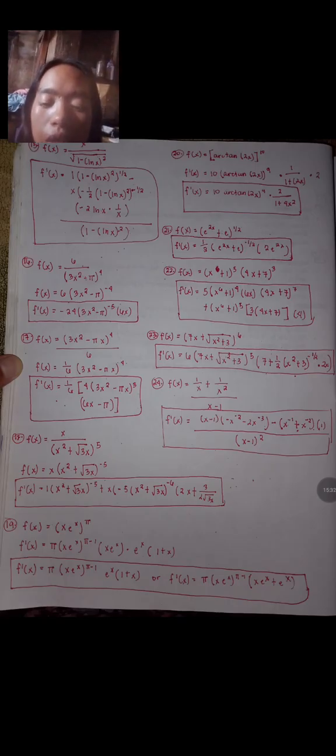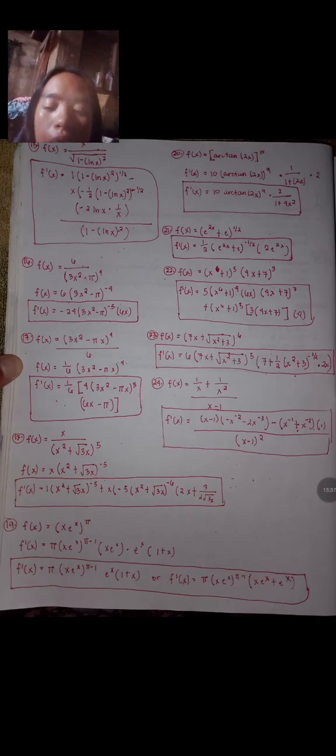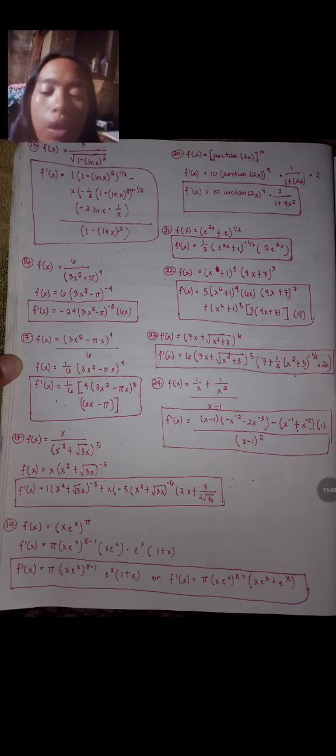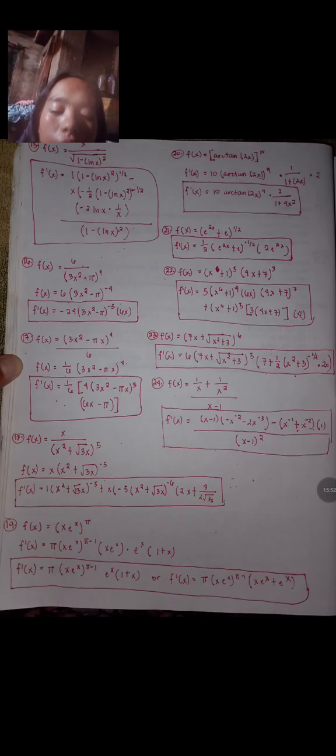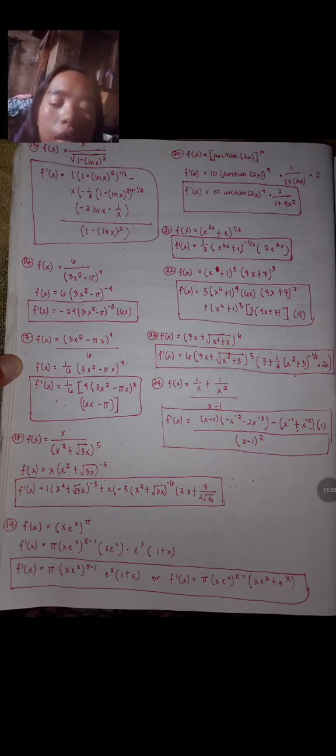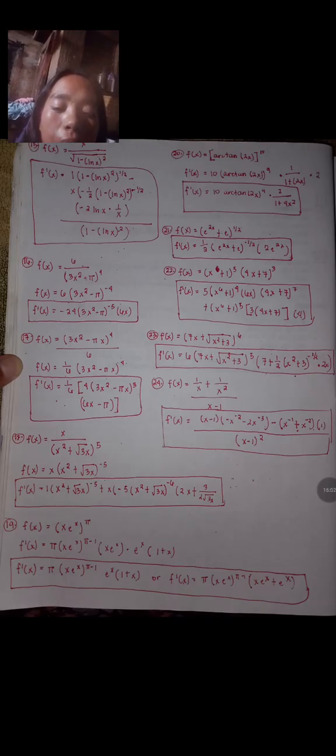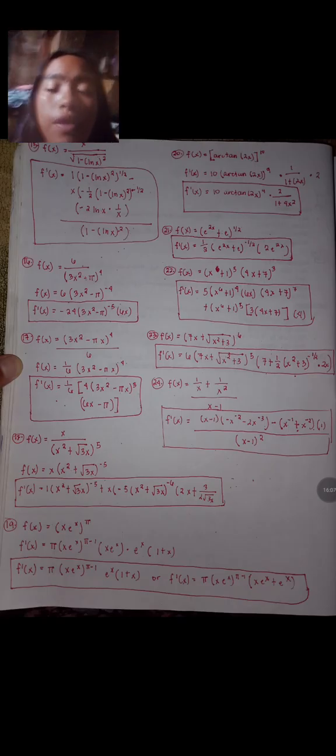So our final answer, f prime of x is equal to pi times x e raised to x raised to pi minus 1 times e^x times the quantity of 1 plus x, or f prime of x is equal to pi times the quantity of x e raised to x, raised to pi minus 1, and then multiplied by the quantity of x e raised to x plus e raised to x.